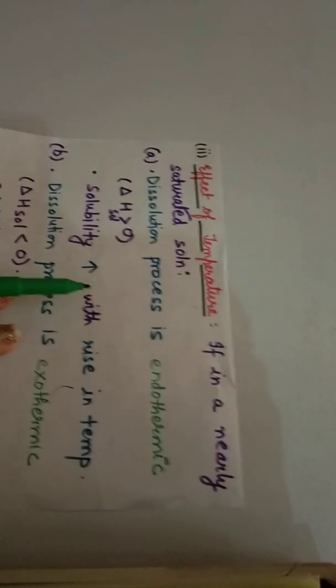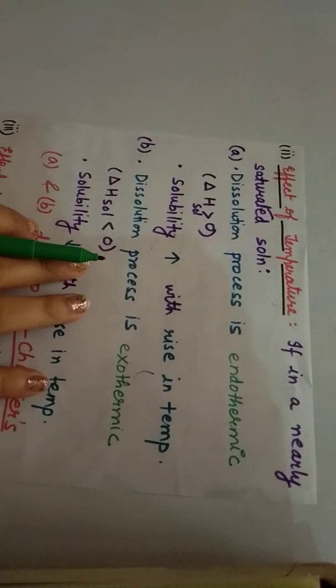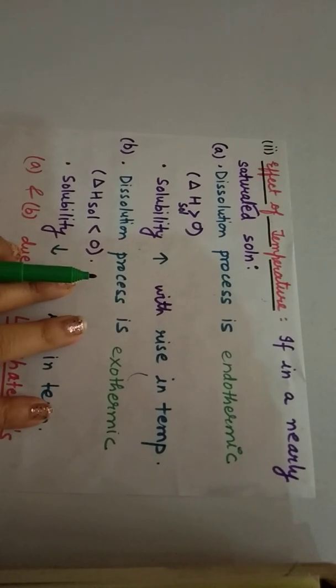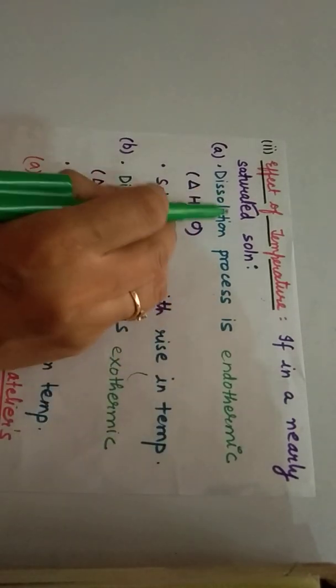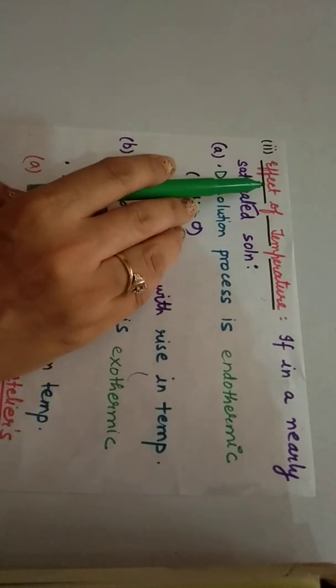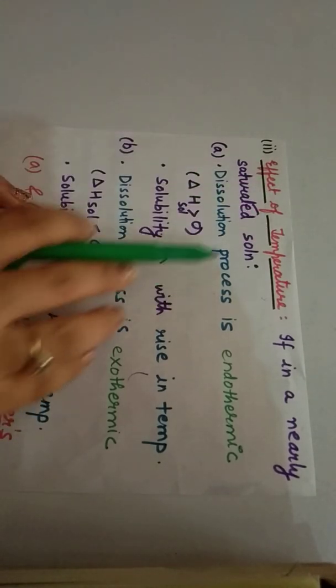Next is effect of temperature. You all know Le Chatelier's principle, everything opposite is going to happen in that. So if you take a nearly saturated solution, when there is almost no probability of addition of more solute to a given solvent, then what will be the effect of temperature?